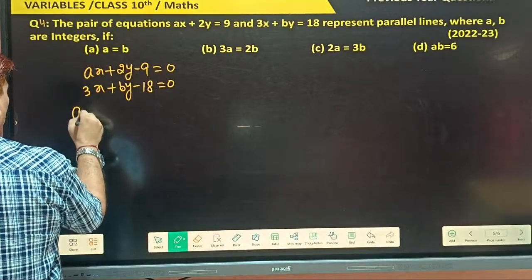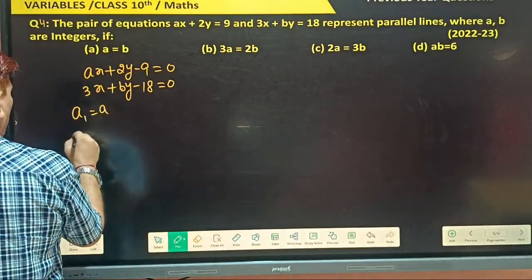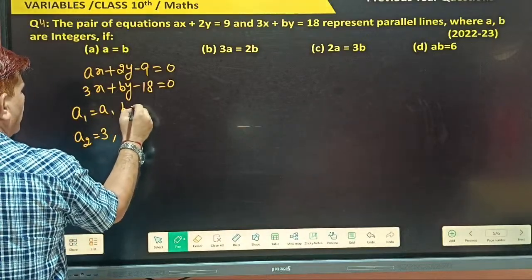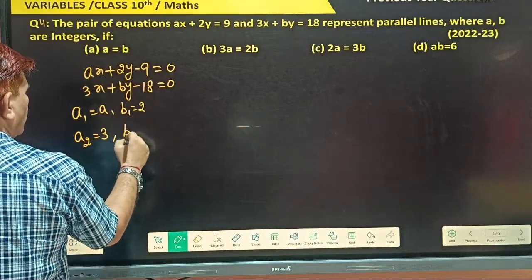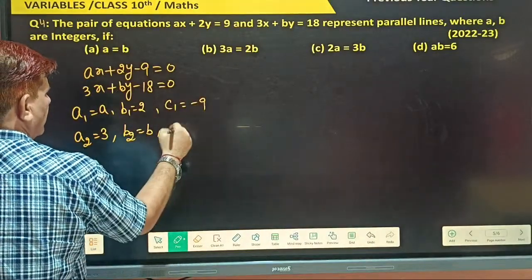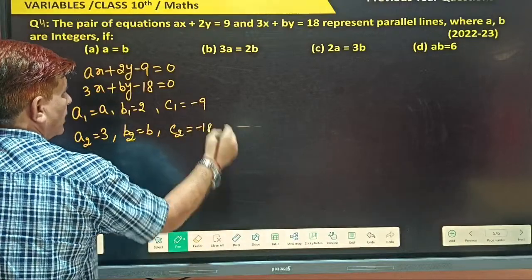So first, what's your a1, a2, 3, b1, 2, b2, b, c1 minus 9, c2 minus 18.